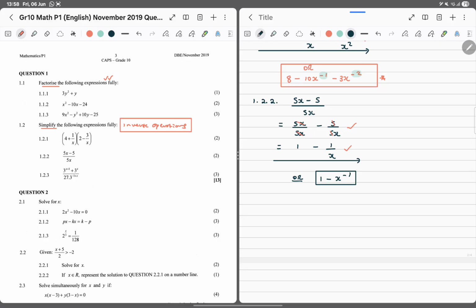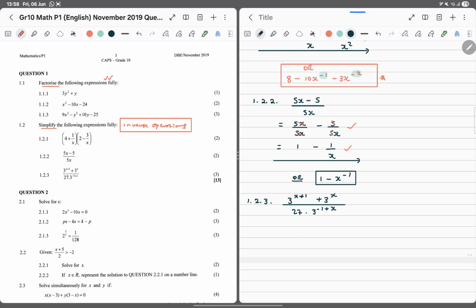Now we have 1.2.3. We've got 3 to the exponent x plus 1, plus 3 to the exponent x, divided by 27 times 3 to the exponent minus 1 plus x.